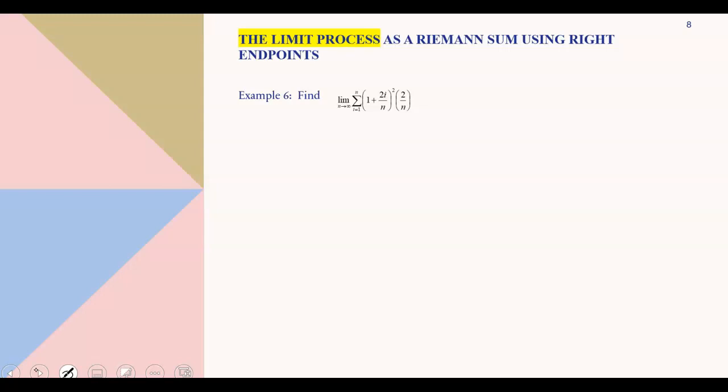So it's the limit as n approaches infinity of the sum from i equals 1 to n of (1 plus 2i over n) squared. That means this is an x squared function, because it is the f stuff squared. So this is like my x, and f of x equals x squared.